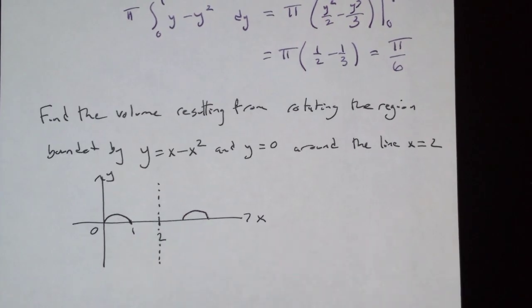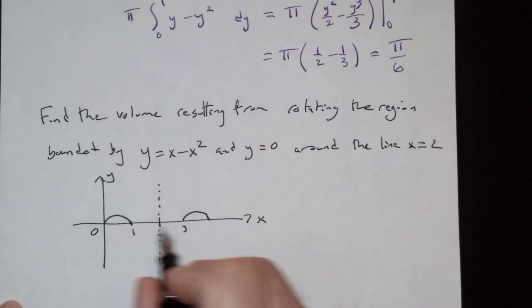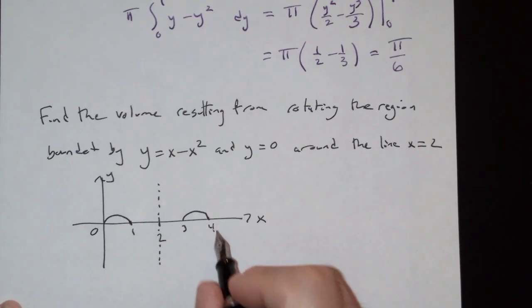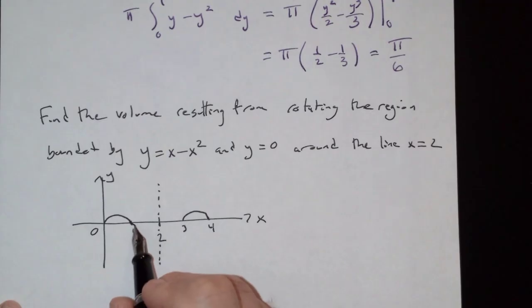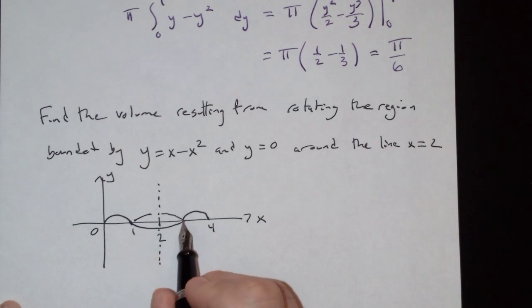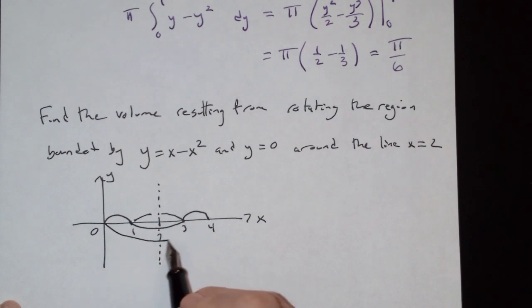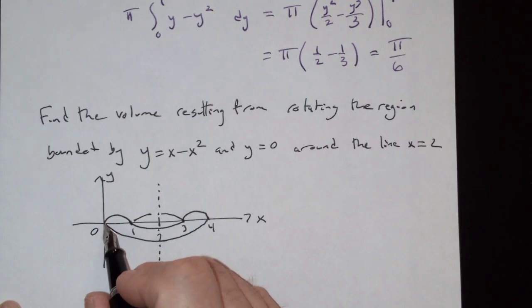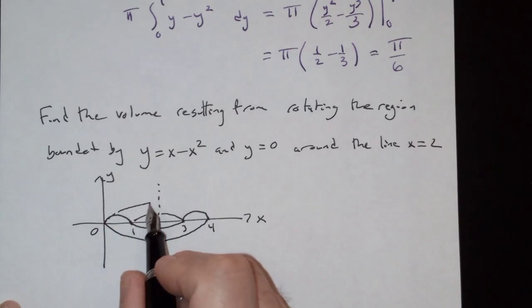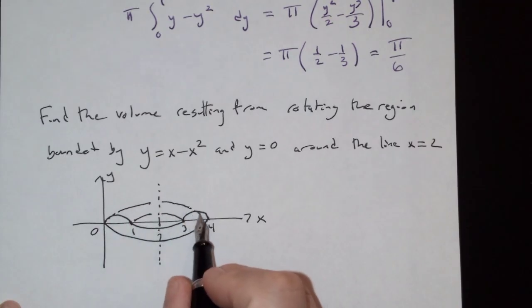Like that. What are the two x values where it hits over there? 3 and 4. Because I have to be 1 unit away and I have to be 2 units away. And that means we've gone around the front, around the back, around the front, around the back.